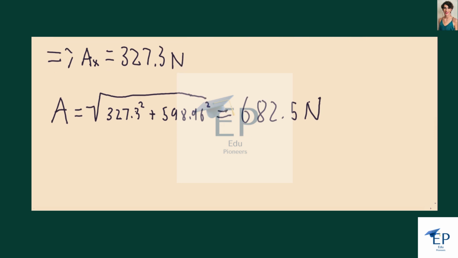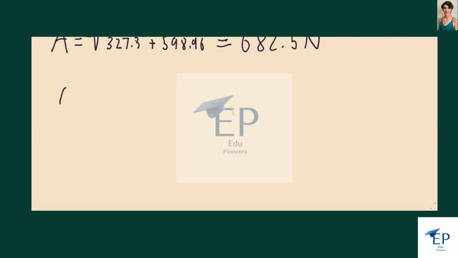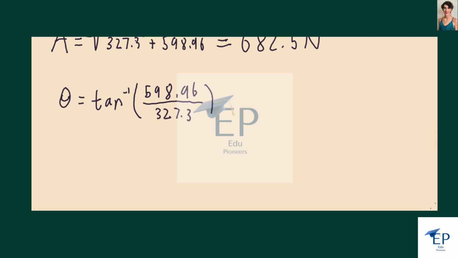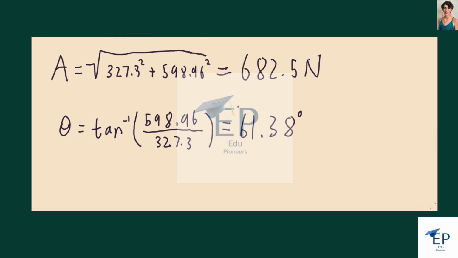And to solve for the angle of this reaction, which we'll call theta, we take the tangent inverse of the y component divided by the x component, and that will give us an angle of 61.38 degrees. And that now completes part B.